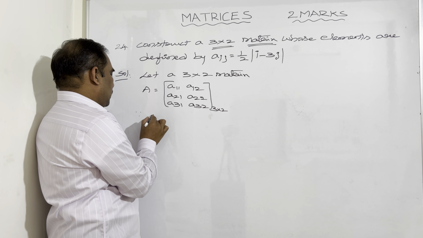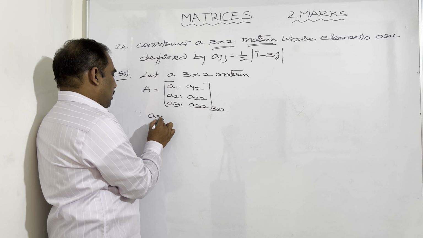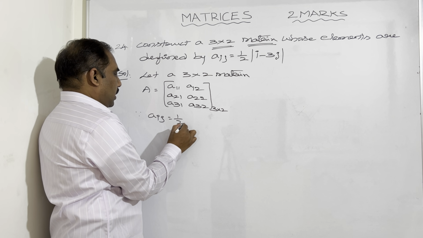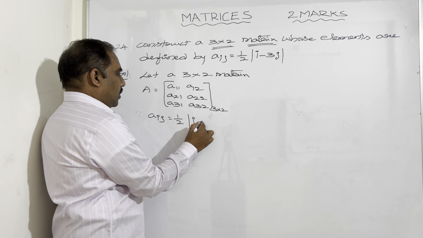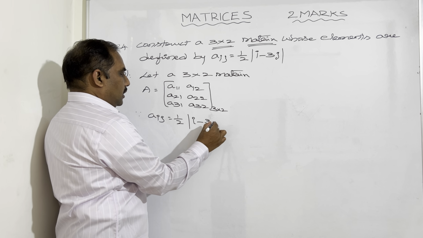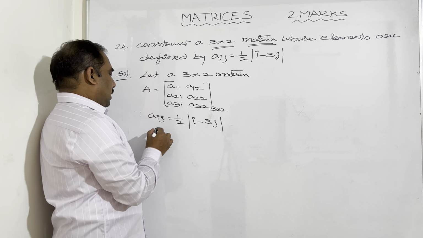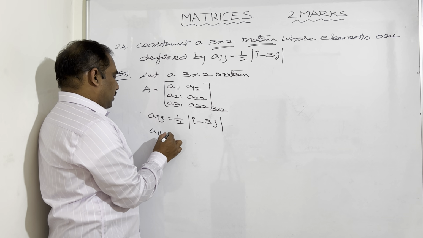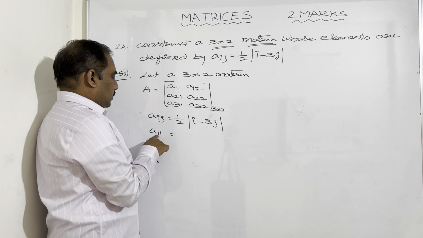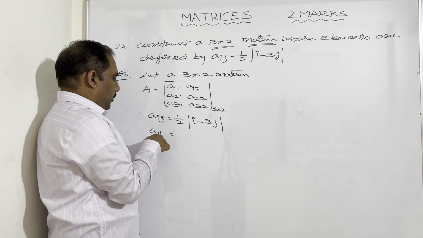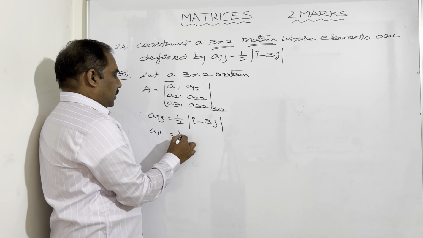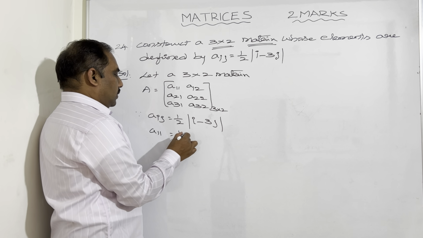So since Aij is equal to, given, 1 by 2 into modulus of i minus 3j. Right? Now A11 I am finding, to find the 3 by 2 matrix. First row, first column, i represents 1, j represents 1 here. So that means i is equal to 1, j is equal to 1.